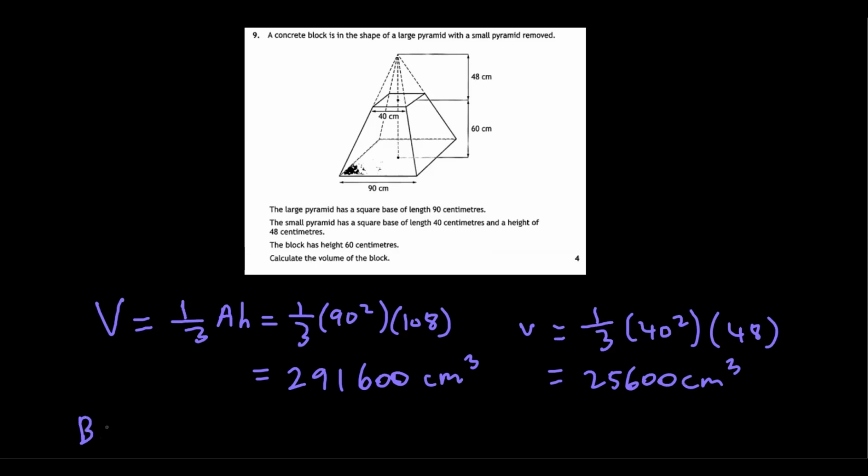So the block, I'll just write V block for that. V block, that would be big V minus little v. And that gives 266,000.